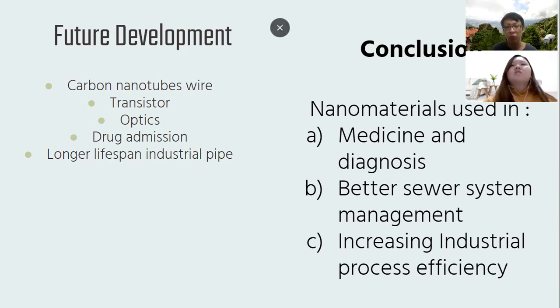In conclusion, nanomaterials are used in a wide variety of sectors and are very beneficial, especially in the medicine and diagnosis sector. They can also be used to create better sewer system management and increase our industrial process efficiency. So that's our presentation.